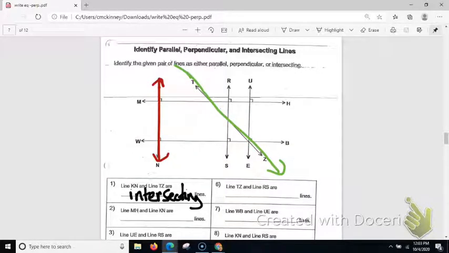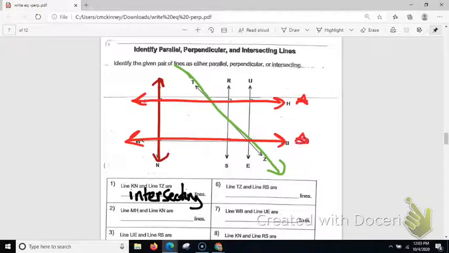An example of parallel lines here would be MH and WB. So MH and WB are parallel.